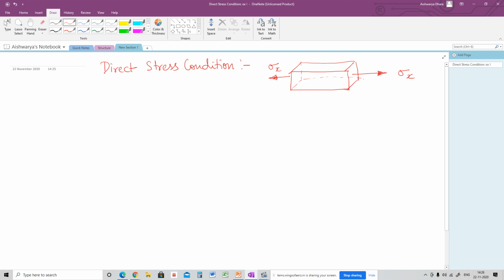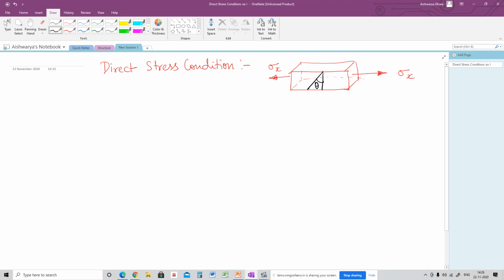Now in this condition let me consider a reference plane over here. Now we don't know what the theta value is. Theta value is unknown. We are going to find out the theta value.